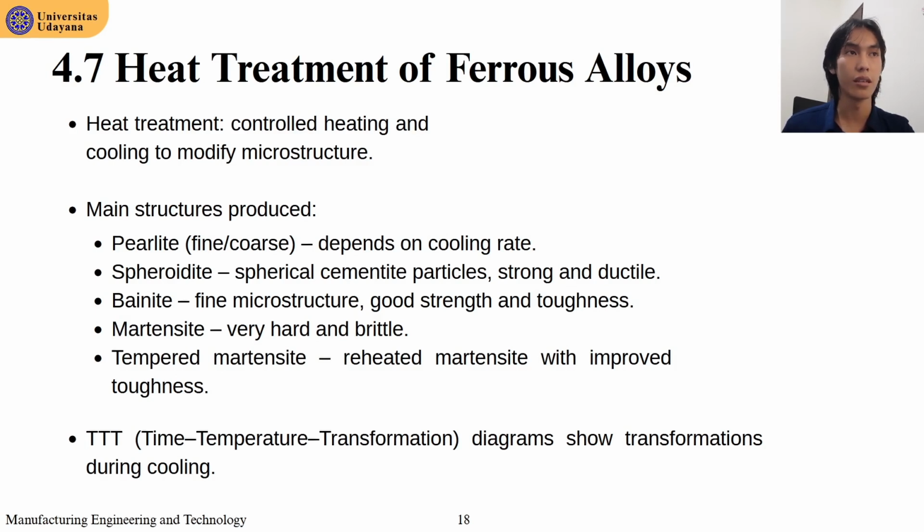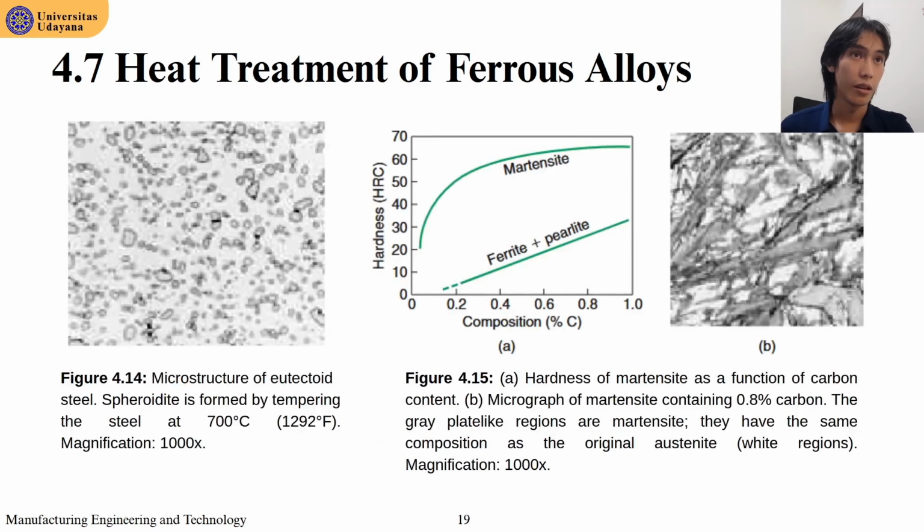Or you can say TTT diagrams, austenite transformation. Okay, this is Figure 4.14 and 4.15, showing the spheroidite formed by prolonged tempering and improves machinability.